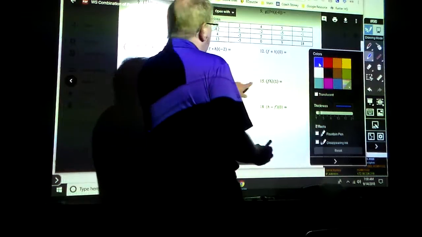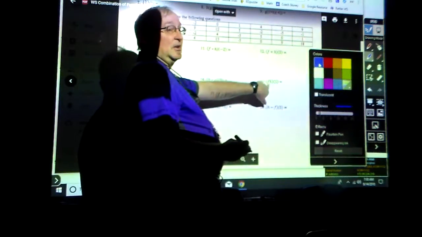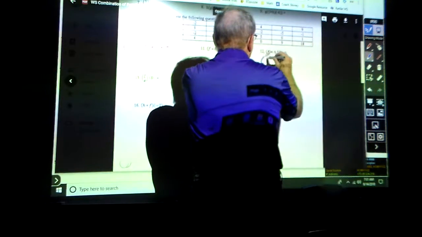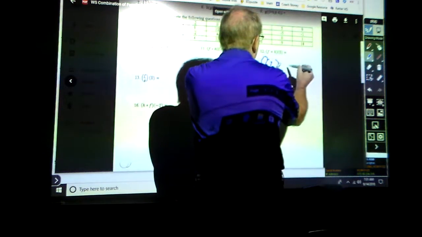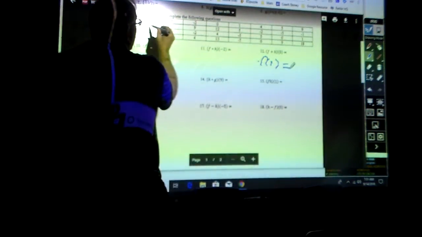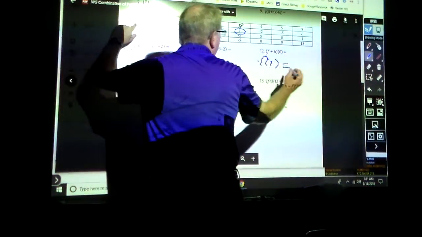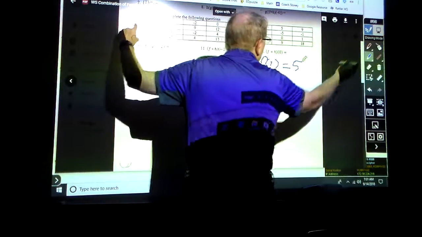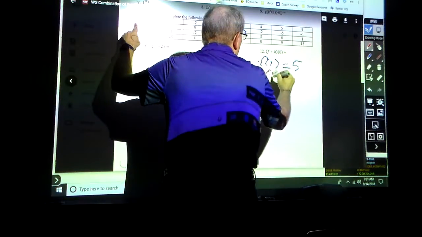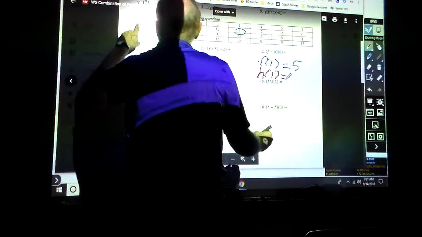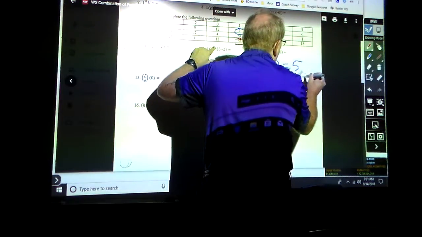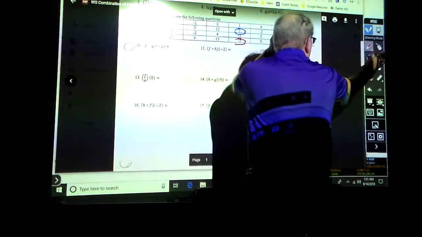So let's do problem 15. Now this one is a times. It's not an f of. So what that means is I'm going to take basically f of 1 and get that answer. Here's f. So f of 1 is 5. And I'm going to find h of 1. And h at 1 is negative 5. And all this means right here is this.